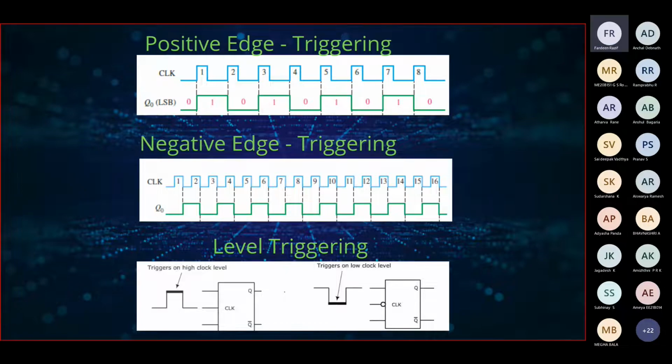Okay, and one more type of clock pulse is level triggering. In this case, data gets transmitted only when the clock pulse is high. If it's a high level triggering, then you will have the case which is on the bottom left. And if you have a low level triggering, you will have the case which is on the bottom right, which is data will be transmitted only when the clock pulse is at a low state.